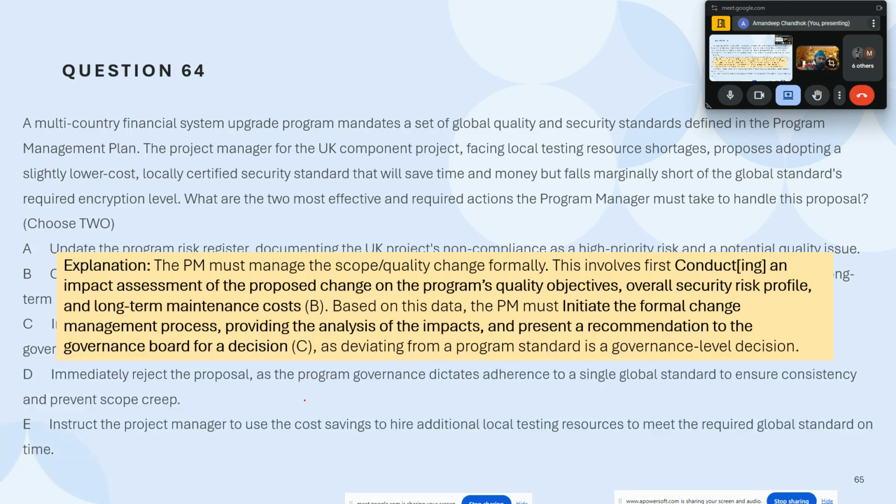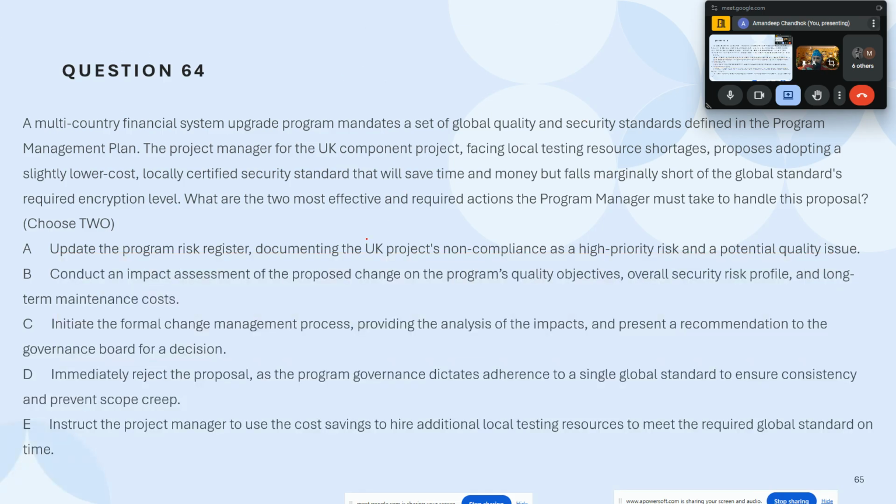So basically, the difference between option B and option E is that instead of directly going ahead with implementing the change, you are using a cautious approach. First you are conducting an impact assessment, because he's proposing a change. You have to do an impact assessment.